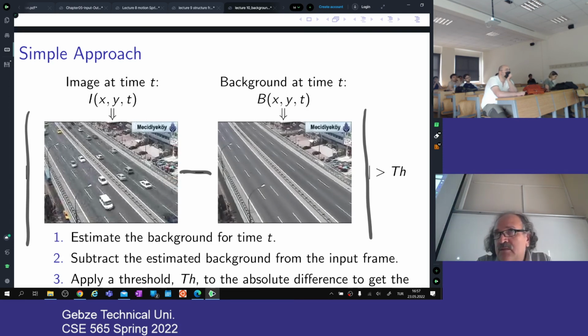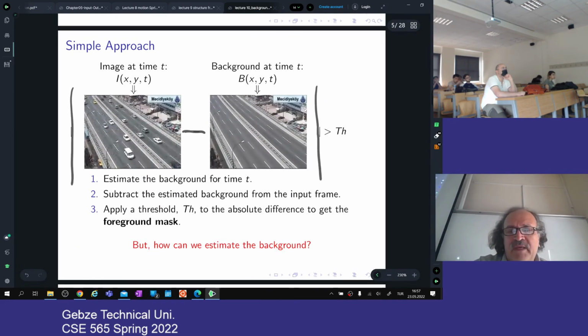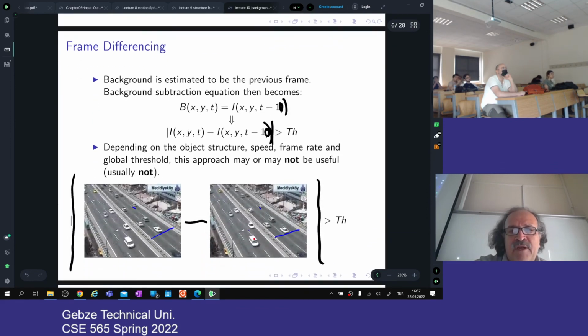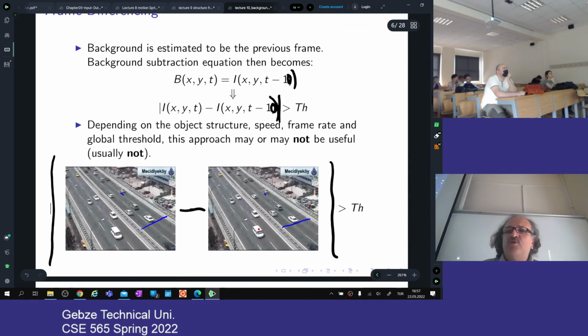Any guesses? That's the idea, that's why we are looking at these background images. Why we say it's a background image. One approach would be to assume your previous image is your background image.